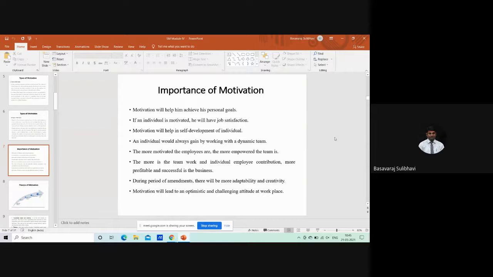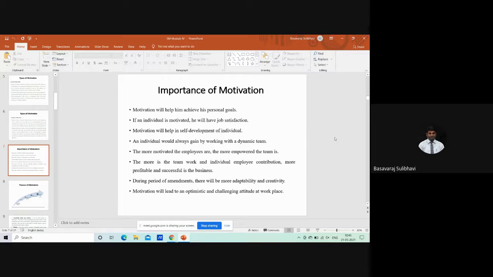So what we do is make them realize that the organizational objective is the first and foremost thing which the employees have to achieve. Later, the organization will help employees in achieving their personal goals.